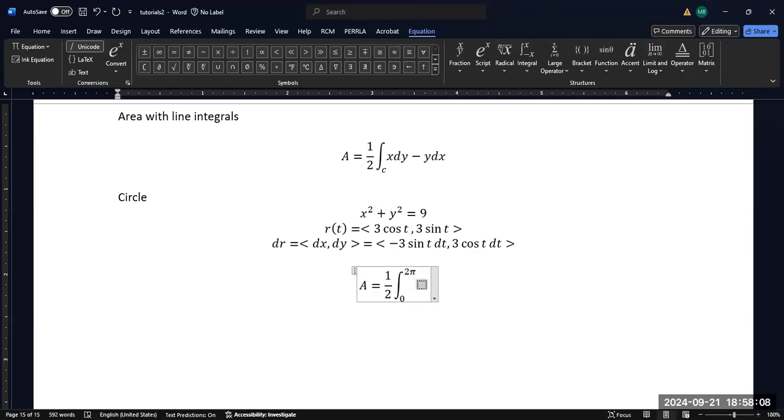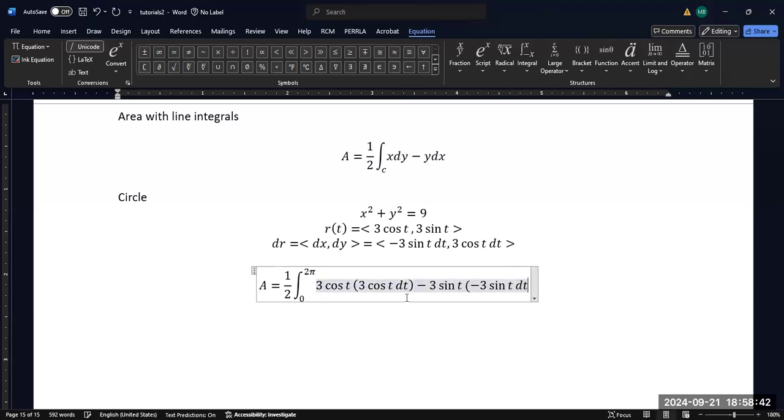And x is 3 cosine t times dy, which would be 3 cosine t dt. And then minus our y would be 3 sine t times dx would be minus 3 sine t dt.